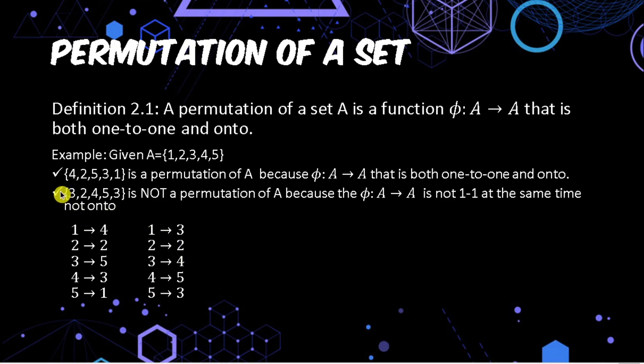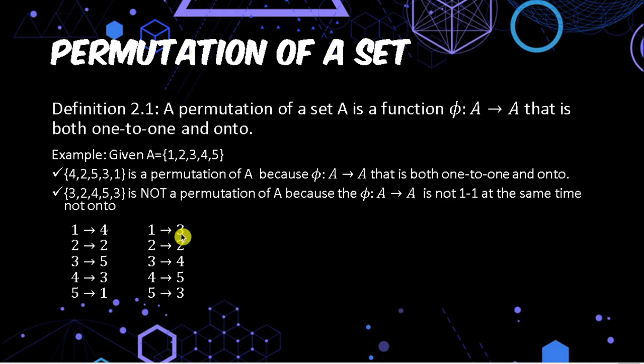This is not a permutation because it's not one-to-one. Actually, that is enough to say that this is not a permutation. Although, in this case kasi, parehas na not one-to-one and not onto. And why is that again? If you notice, yung 3 dito, the function is not one-to-one because there are elements in our codomain or in our range that are an image of 2 elements from the domain.